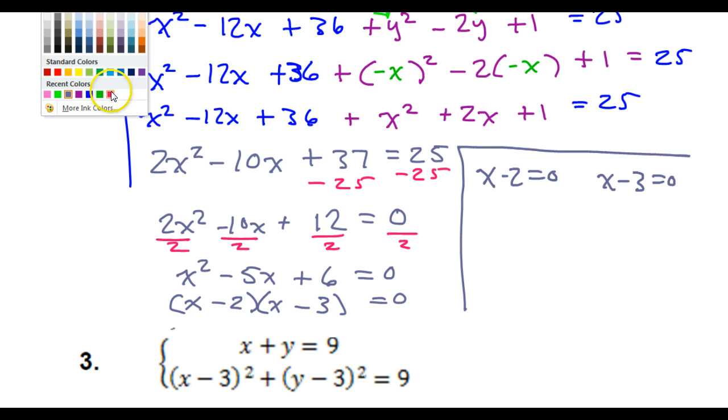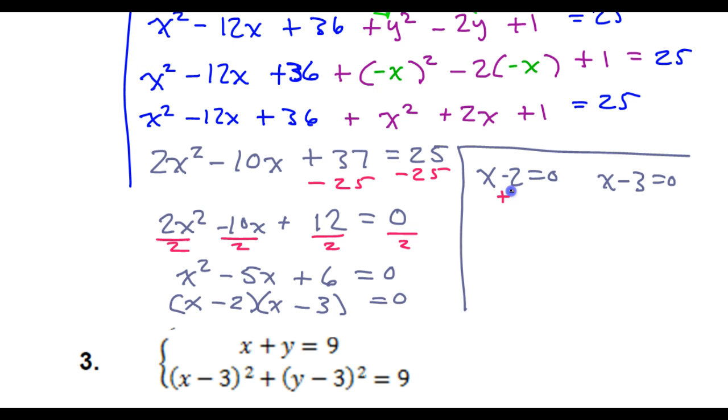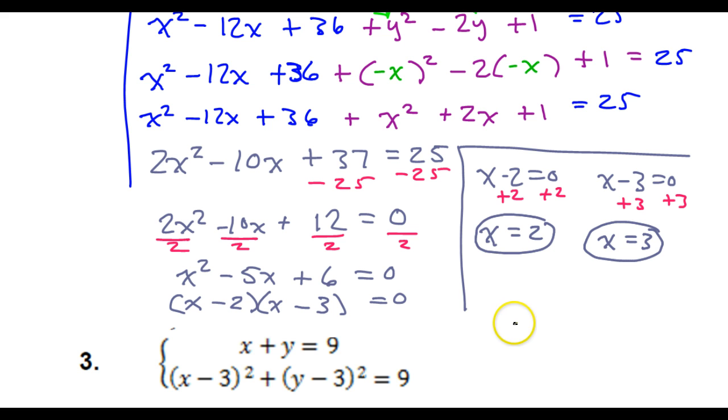So over here, I need to add 2 to both sides. And here I'm going to add 3 to both sides. So that's going to give me x equals 2 and x equals 3. Alright, those are my two x values.